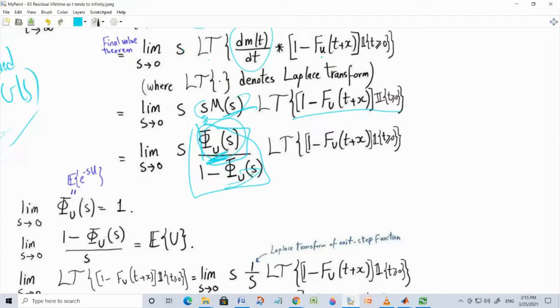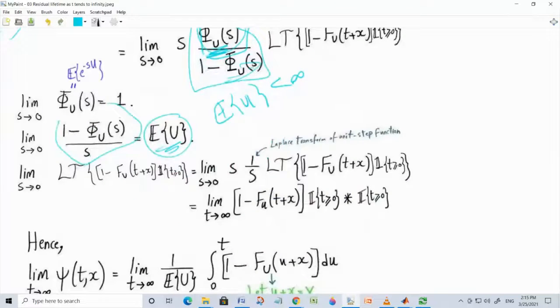The next limit is 1 minus phi u of s over s. This is like from the previous lecture. This is if basically this guy is finite, so we are assuming that this guy is finite. Then the limit as s goes to 0 of this quantity is the expectation of u. And so the limit as s goes to 0 of s over 1 minus phi of s is 1 over the expected value of u.